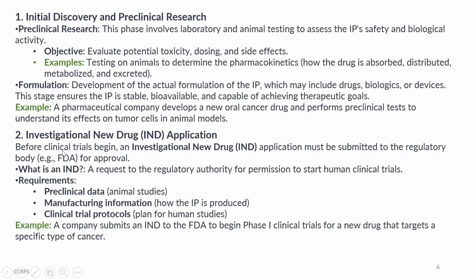The application may have different titles or names, but is similar to the IND in the FDA. In the FDA, it's IND.